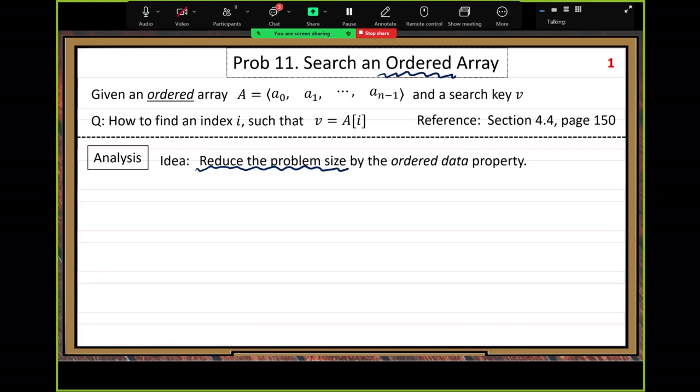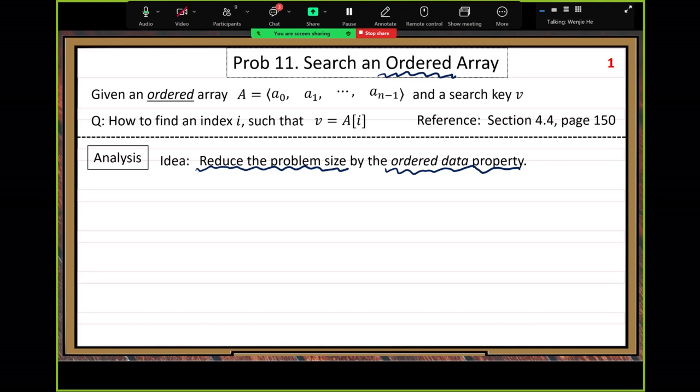So here, divide and conquer. In module 3, we talk about divide and conquer. Here we need to learn more about divide and conquer. All right, the ordered data property. This property is very important.